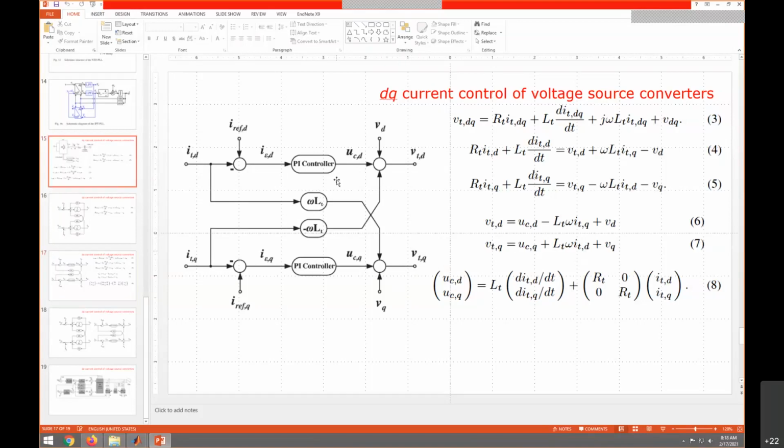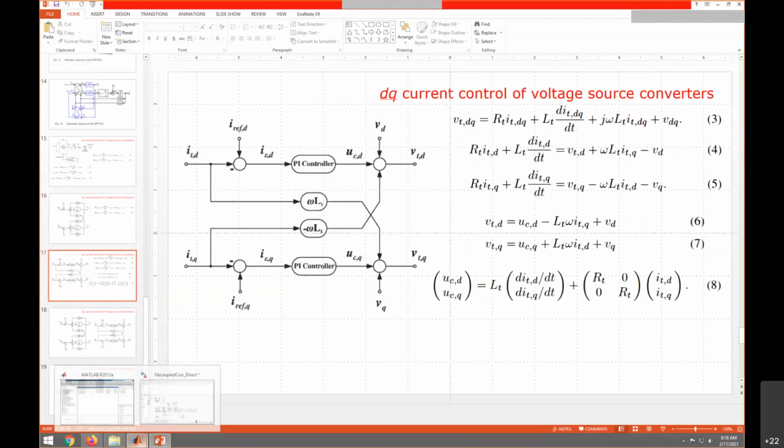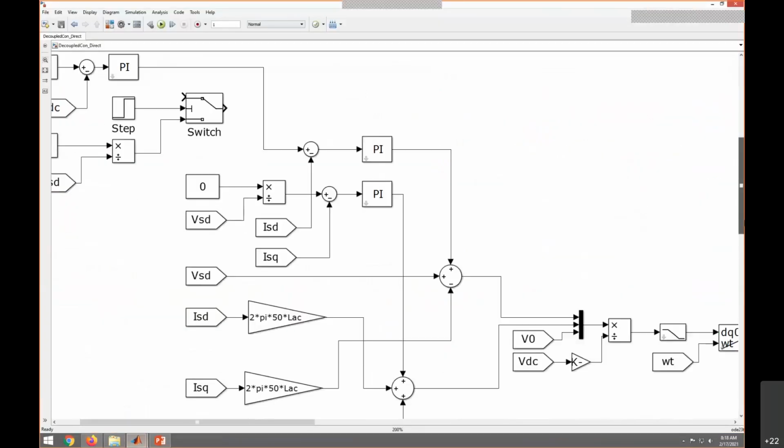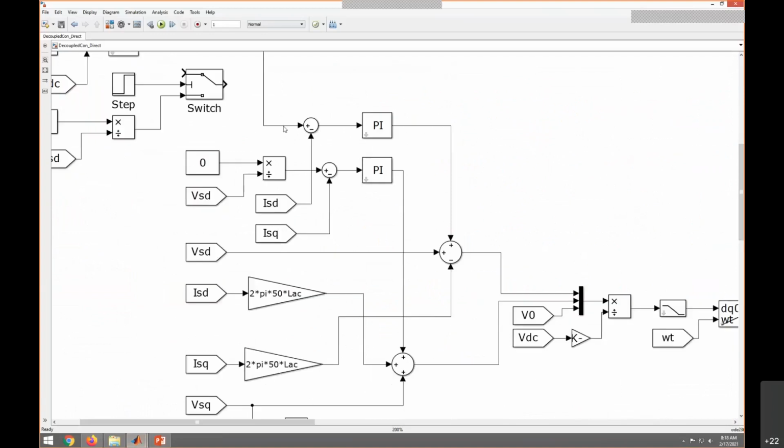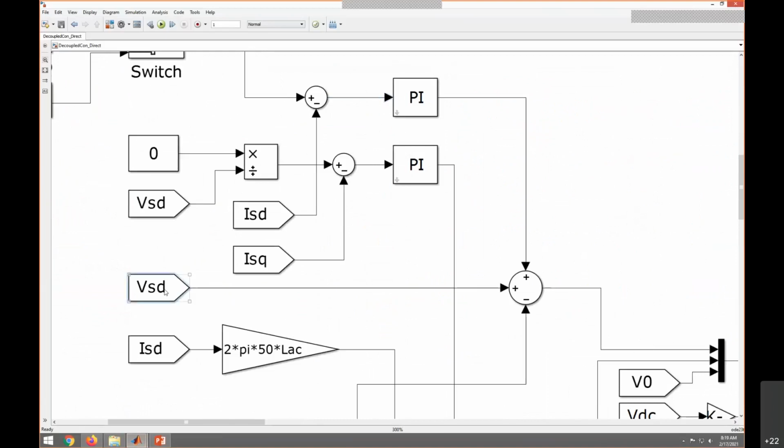So we will implement this one. First, this is the reference current in ID, and this is the actual ID, that is ISD. We give it to a PI controller. This is VSD.